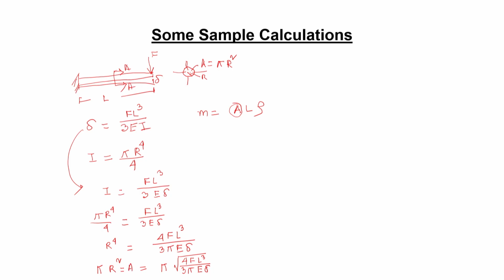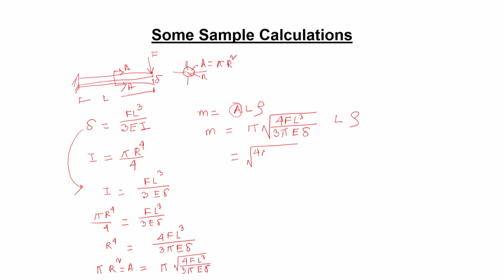Now, you have this as the area, and then I can suitably replace it here, so the mass will now be pi times the square root of 4 F L cubed over 3 pi E delta, times L times rho. So, I can also now separate all the variables, keeping the functional part together along with all the constants. So, one way to do it is to take even the pi inside.